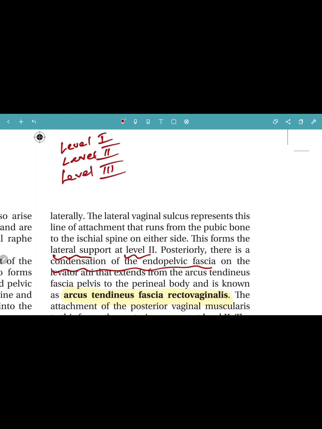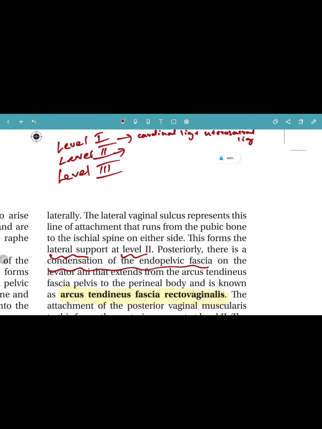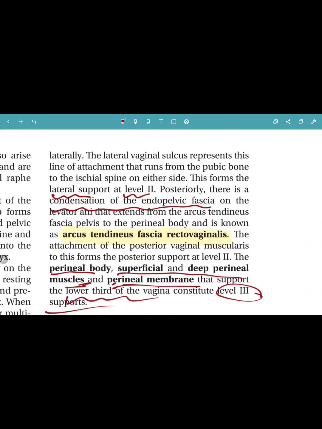Level 1 support is your cardinal ligament plus your uterosacral ligament, whereas level 2 is your endopelvic fascia and your arcus tendineus fascia, and your level 3 is going to be all your perineum: superficial perineal muscles, your deep perineal muscles, and your perineal body.